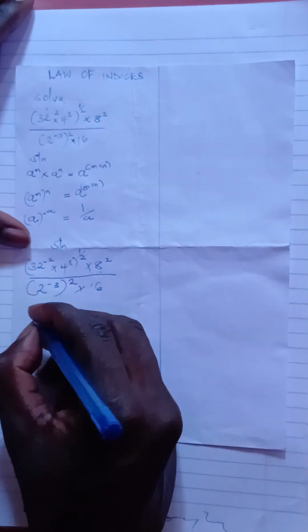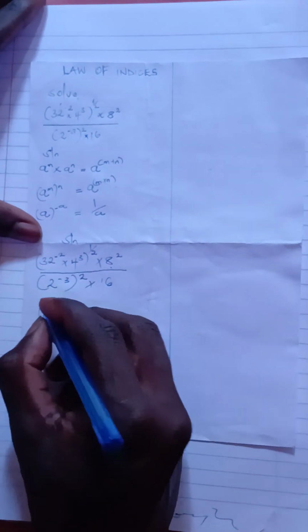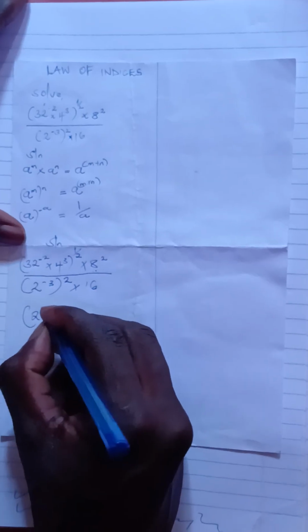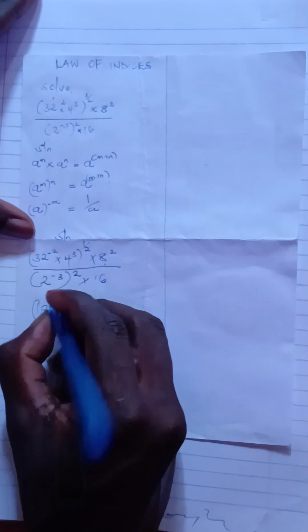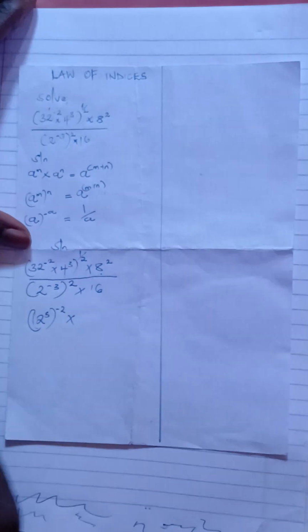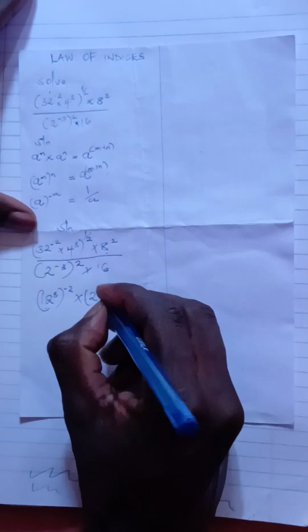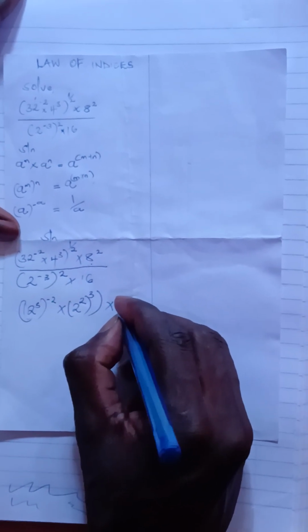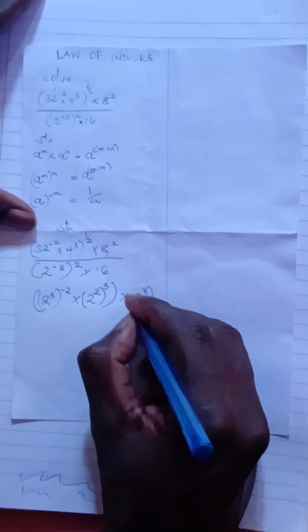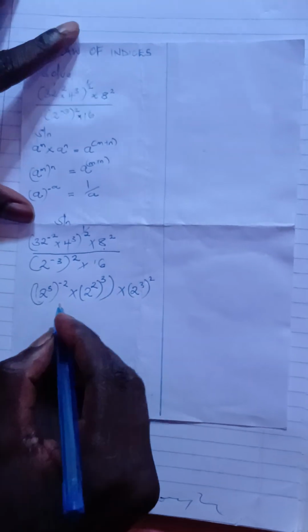This means that we have the numerator 2 raised to 5, but remember this one was raised to negative 2, multiplied by 4, which can be written as 2 raised to 2, all of this raised to 3, all of this in bracket, and then multiplied by 8, which can be written as 2 raised to 3, of course, raised to 2.